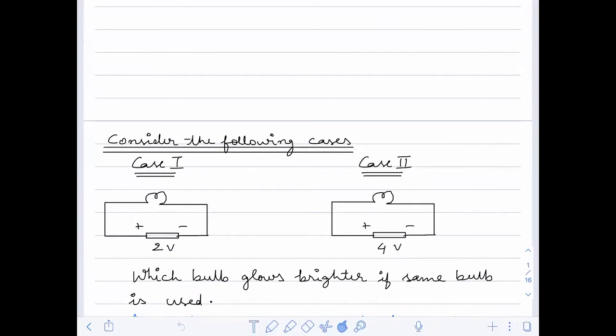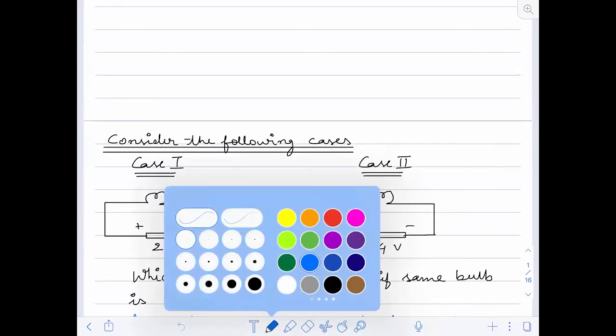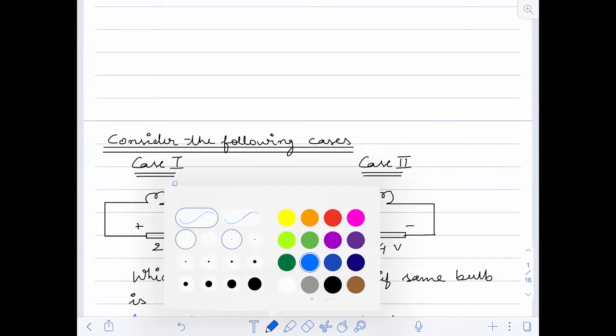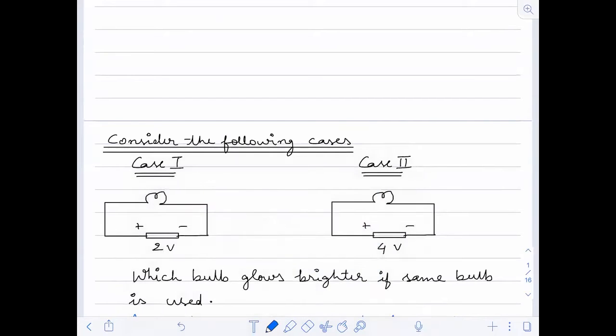Here you have two bulbs, two cases, case 1 and case 2 in front of you. In case 1, I have a bulb, this is bulb B1. And this is B2.